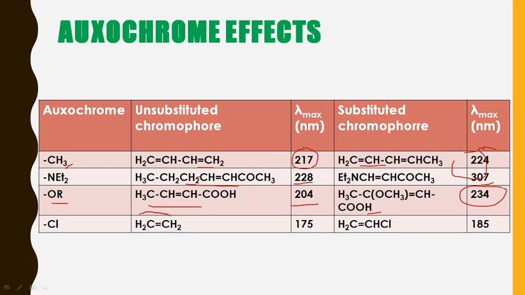And here, a simple chromophore, ethylene: if you investigate ethylene, it will give the lambda max at 175 nanometers. If an auxochrome, particularly the chloro group, is substituted, due to the influence of the auxochrome, you experience an increase in the lambda max value. So this is about the auxochrome effect in the chromophore, shifting the lambda max value to a longer region.